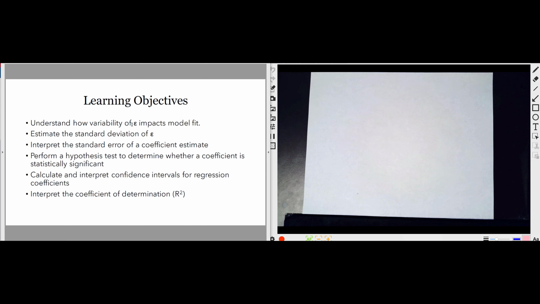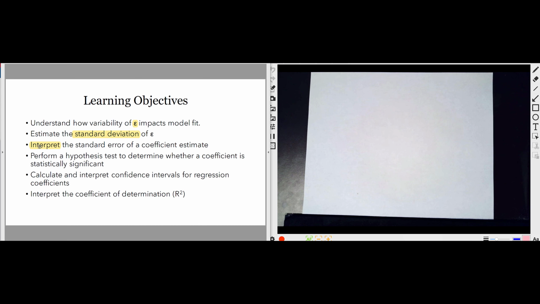We're going to take a look first at how the variability of these error values impacts the fit of our linear regression model. We're going to take a look at how to estimate the standard deviation of the error components, given our assumption about these errors being normally distributed around the deterministic part.